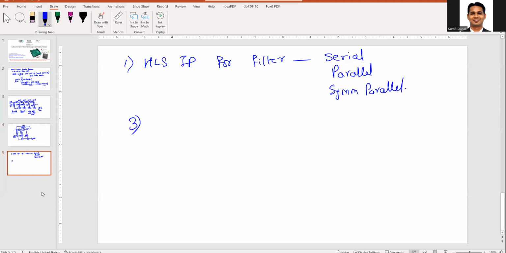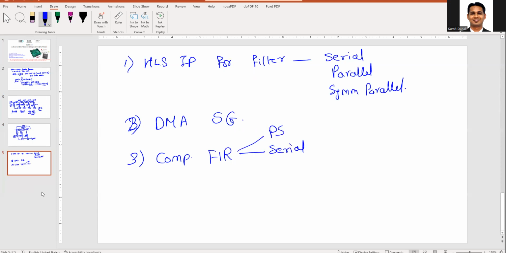Then the second thing is that we are going to use the DMA in the scatter gather mode, and we are going to compare with the FIR filter in the PS, then FIR filter serial, then parallel, and then FIR filter with the symmetric parallel.